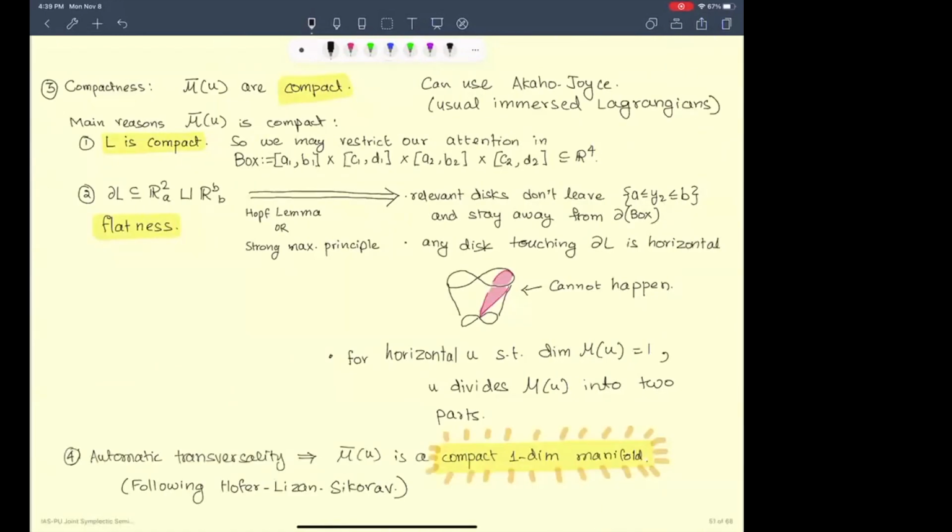And there's automatic transversality because I'm working in dimension 4. There were results by Hofer, Lizan, Sikora, who've written it down very nicely, and by making changes to the argument to account for the corners, it works. And so now we have compact one-dimensional manifolds, which is great.